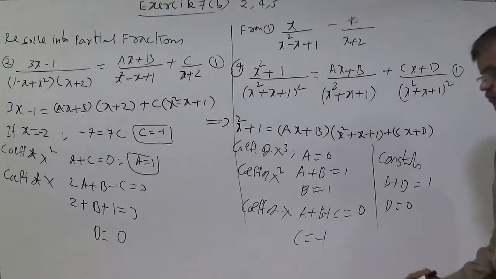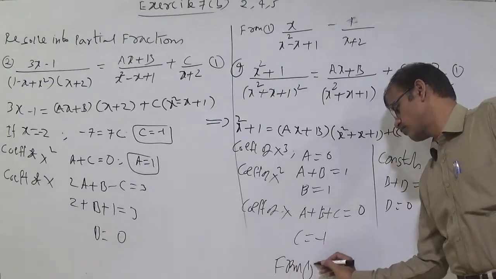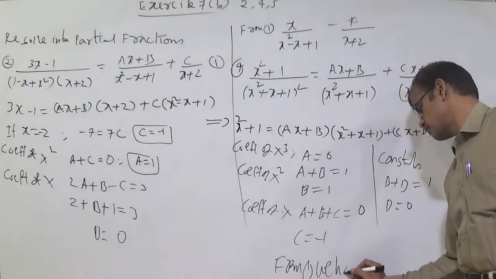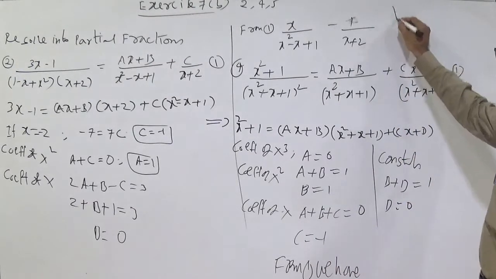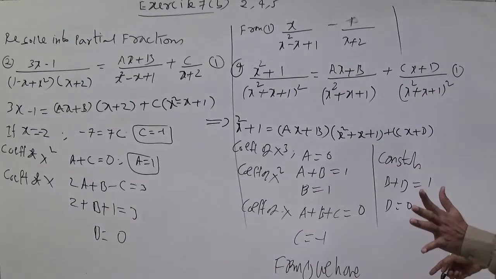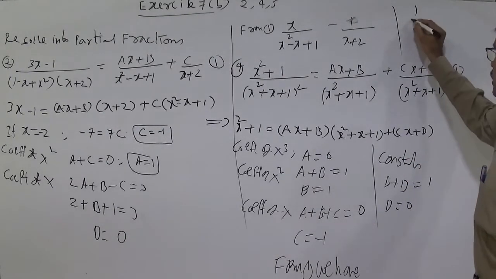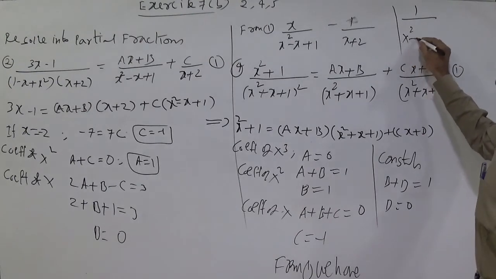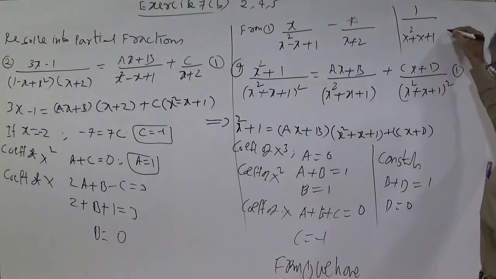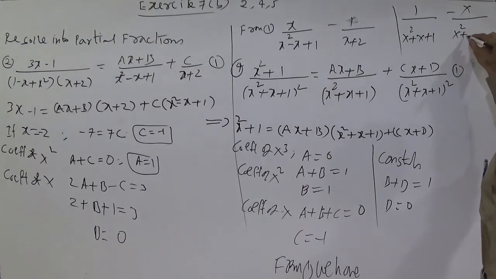Now we can write from 1 we have. So what is the value of a? We got a as 0 and d as 0. So you can write here b value 1 by x square plus x plus 1 and c value minus, this is minus x by x square plus x plus 1 whole square.